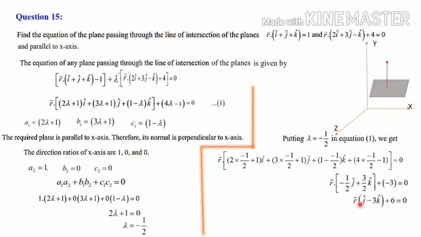So r dot j cap minus 3 k cap plus 6 is equal to 0. So here the Cartesian equation we can write. By using j cap minus 3 k cap, we can write the Cartesian equation, that is y minus 3z plus 6 is equal to 0. So this is the Cartesian equation of the given plane.